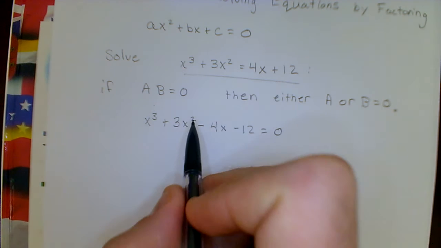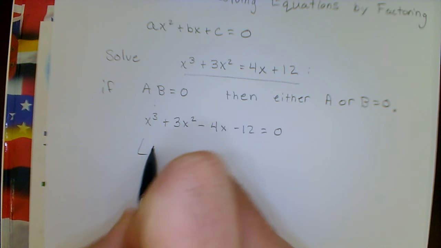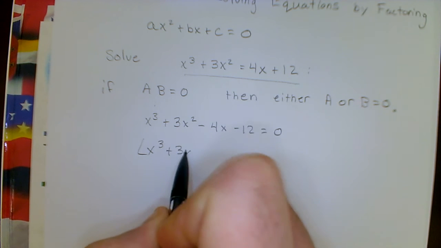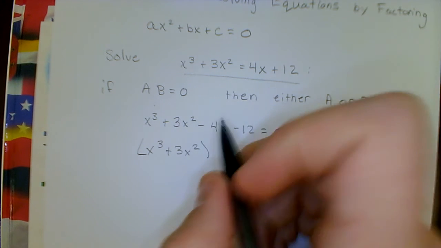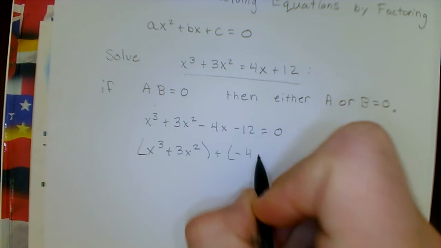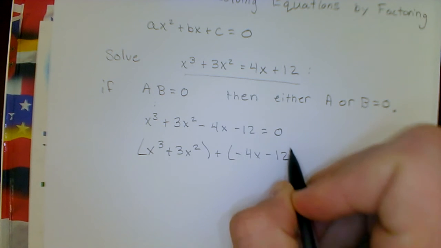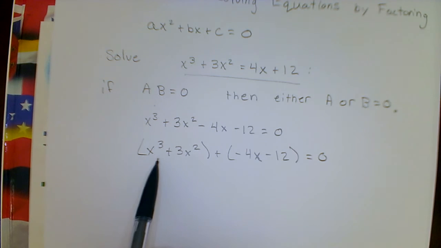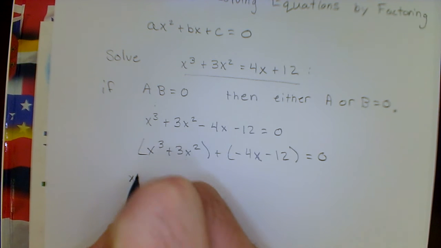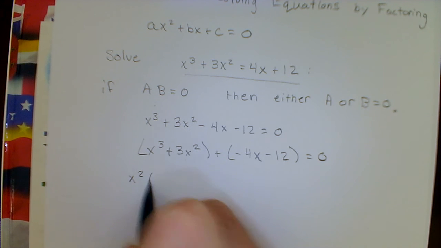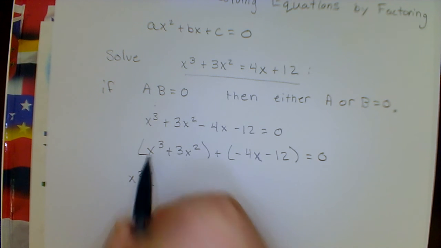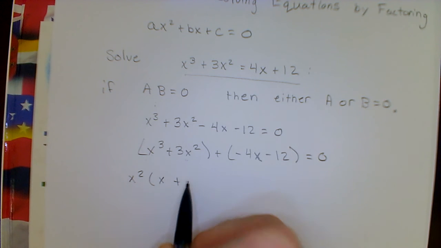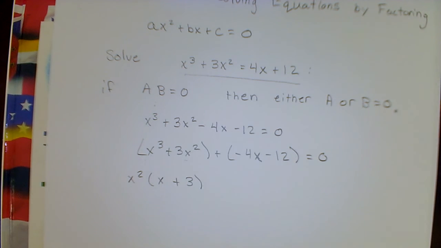Okay, so if I group these first two terms together, plus negative 4x minus 12 equals 0, we can factor out an x squared from both of these terms. So x squared times, if we factor out an x squared here, we're left with an x, and then this one we're left with a 3.